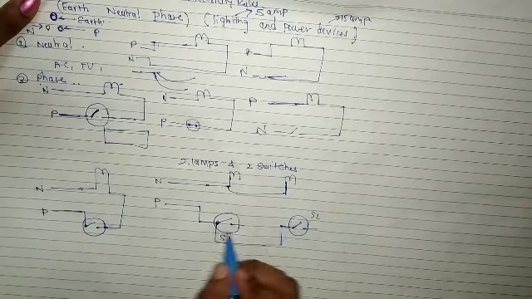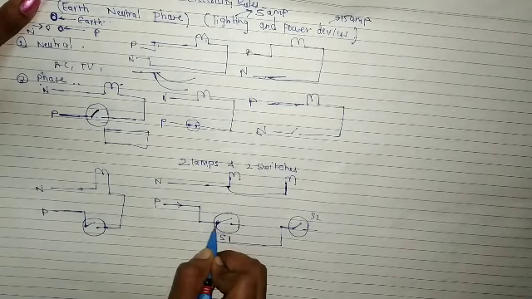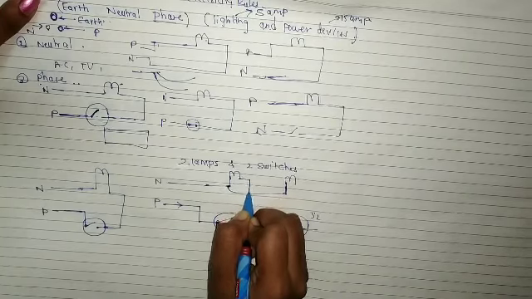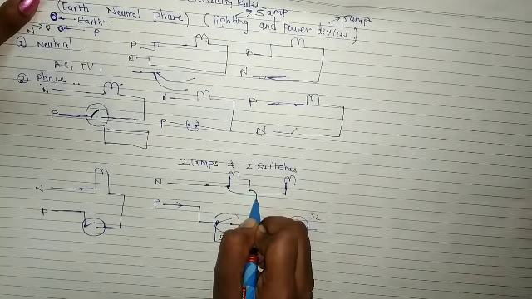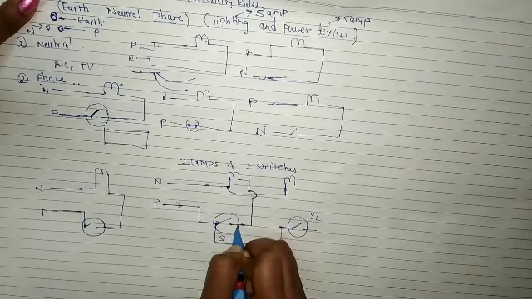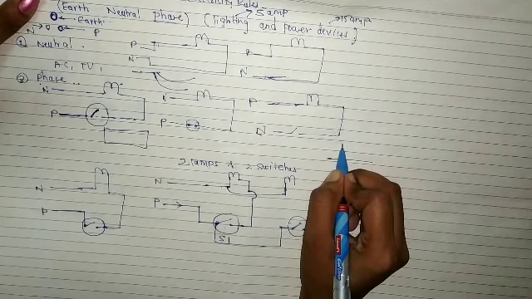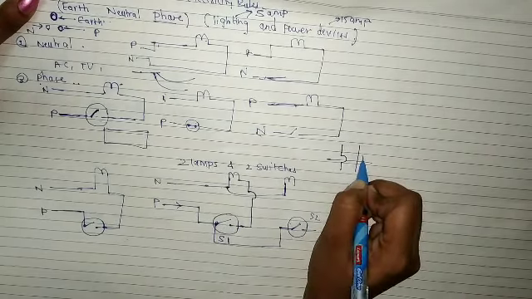Now to complete the circuit, the current will come from the phase. If the switch is closed, then it will go, and we have to give this supply to this lamp. So we have to connect this, and I am overlapping this wire above this wire. This is the correct way. If this is the wire and this wire I have to do, then this is the correct way. If you draw like this, it is wrong.